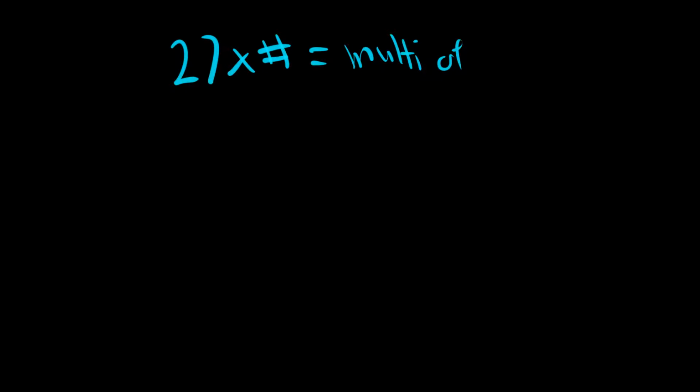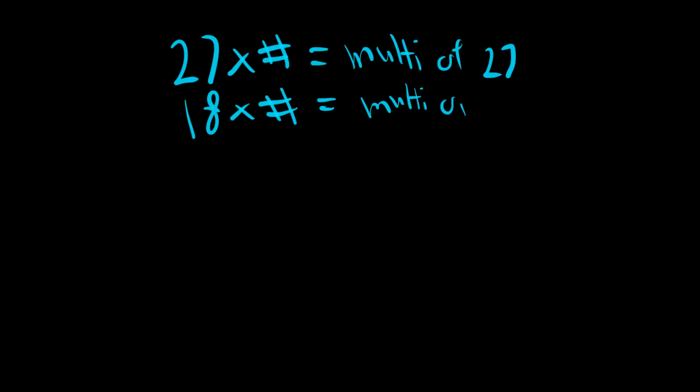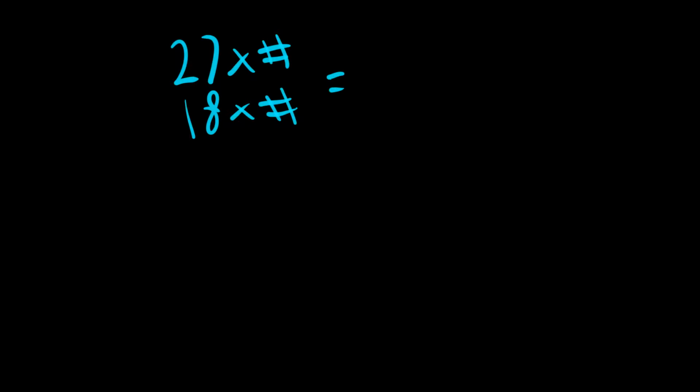And multiples of 18 are basically 18 multiplied by any whole number. Now we want to find some common multiples that they both share. So it should look something like this, a common multiple that they share.